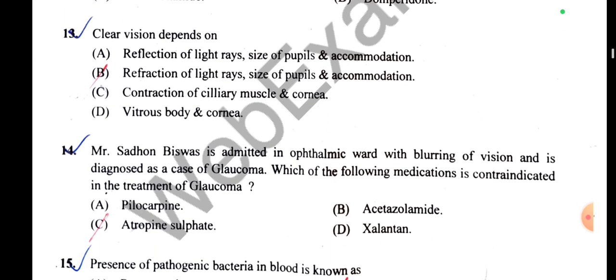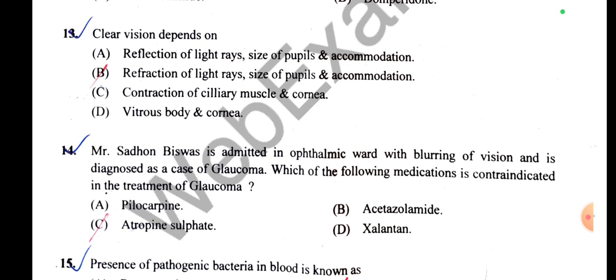Next, clear vision depends on refraction of light rays and size of pupils and accommodation. The refraction is the bending of light rays as they pass through one object to another. The cornea and the lens bend or refract light rays to focus them on retina.